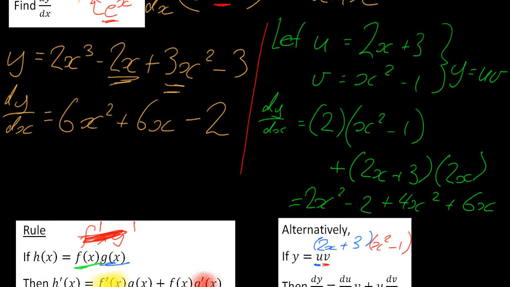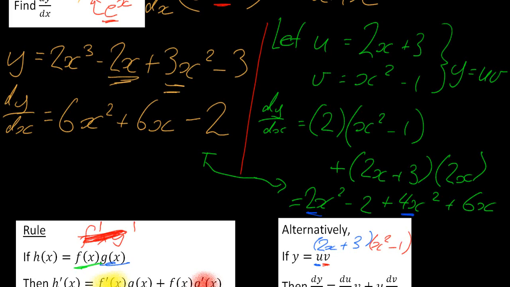And you can see that these two are really just synonymous with each other, because remember that you can just group the like terms here and say that you have 6x squared plus 6x minus 2, which is the same thing.